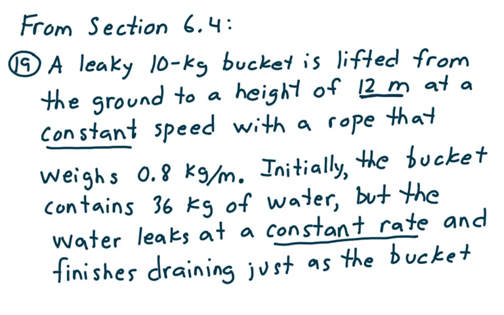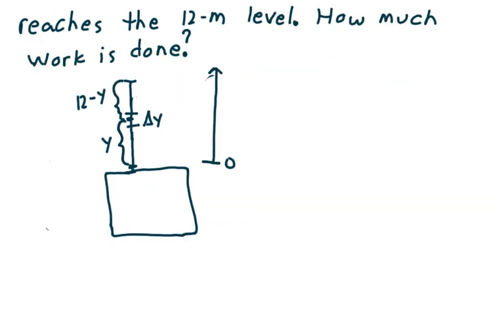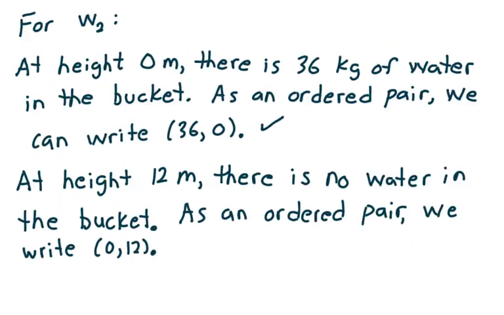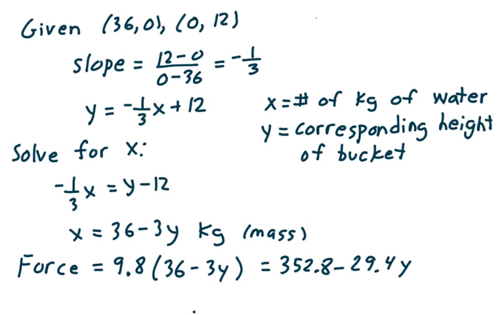Okay? It's linear, which means when we go back, we need to find essentially the equation of the line through the points 36, 0 and 0, 12. The slope is equal to negative 1/3.